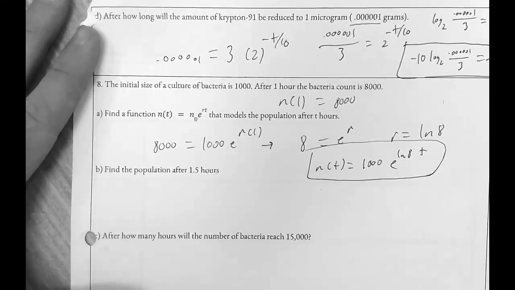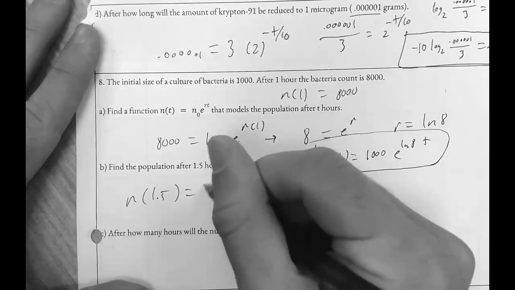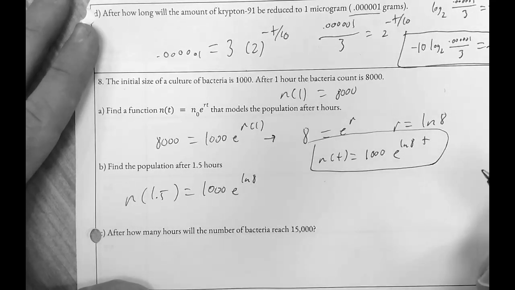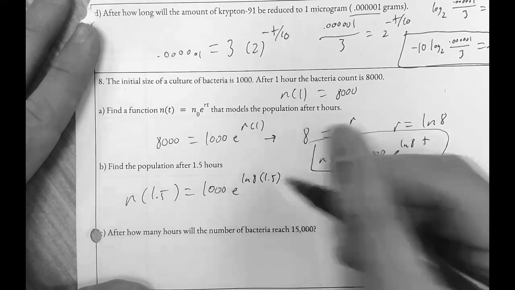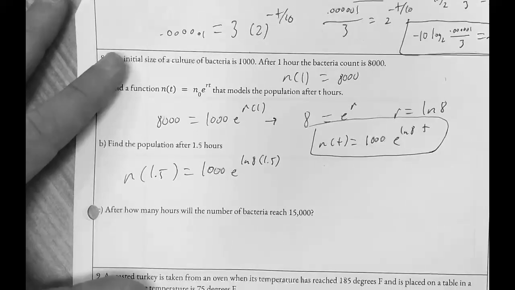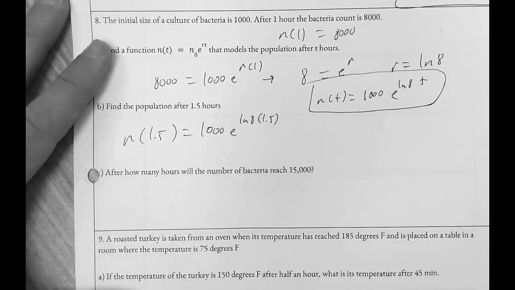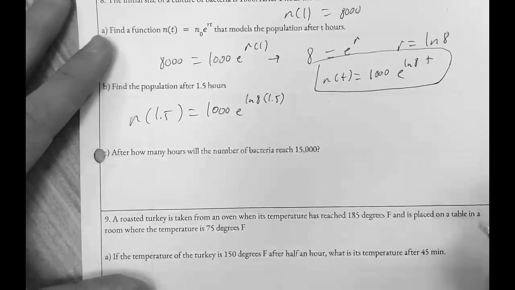Find the population after 1.5 hours. Really simple, which is n of 1.5 equals 1,000 e to the ln 8 times 1.5. Okay, that's it. After how many hours will the number of bacteria reach 15,000?